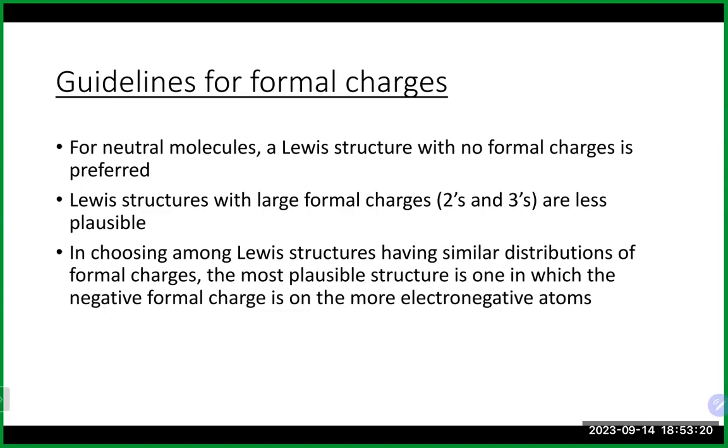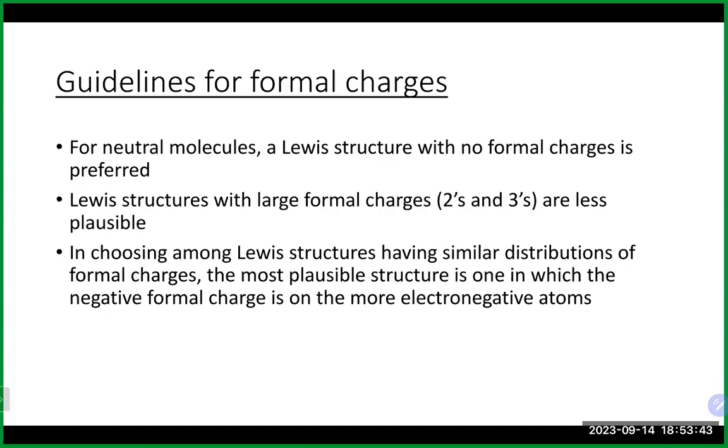So if you calculate the formal charge and you have zeros, or mostly zeros everywhere, that's probably going to be a better structure than one where you have obviously non-zero numbers. Lewis structures with really large formal charges like 2s, 3s, 4s, whatever it may be, are probably not plausible. It's probably not the best structure to end up with.